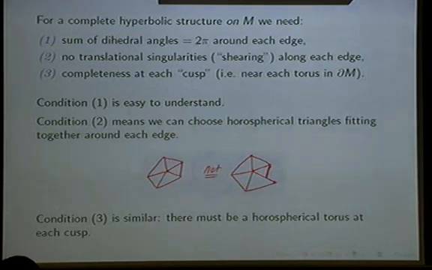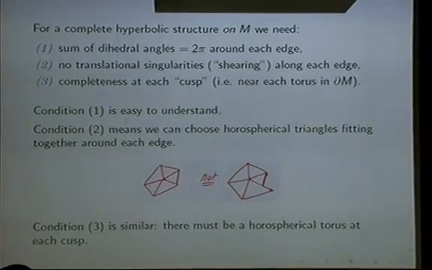And this would give you some shearing along the edge, in fact. And there's a similar picture for condition 3. You get a nice triangulation of the torus by the corners of tetrahedra. You take the developing map, you start mapping it into a horosphere, and you want to get a nice Euclidean structure on this torus.